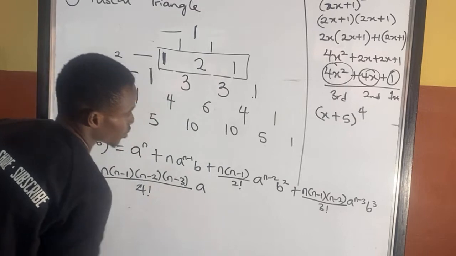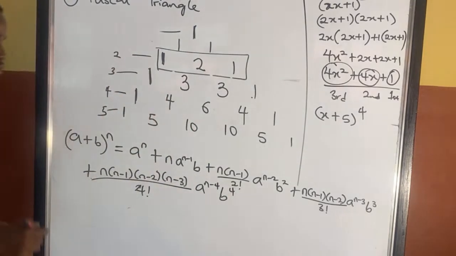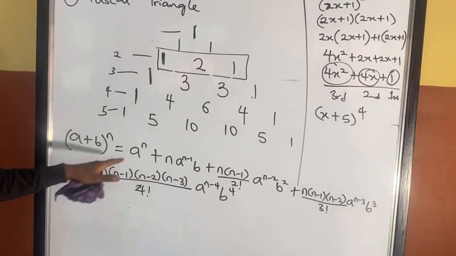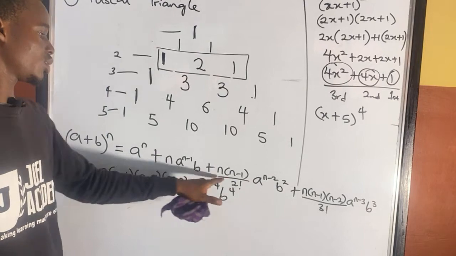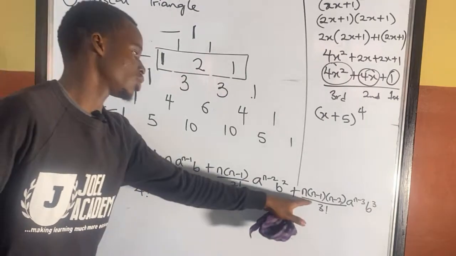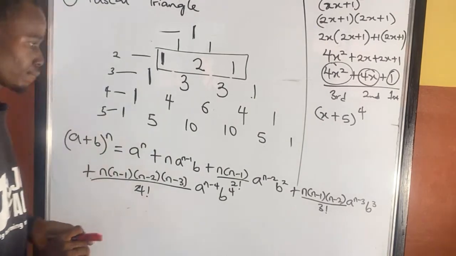A raised to the power of what? N minus 4. B raised to the power of 4. Now, before we move further, like I told you, these are just coefficients. Now, let me tell you this.